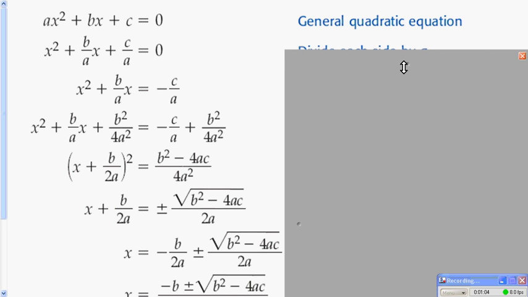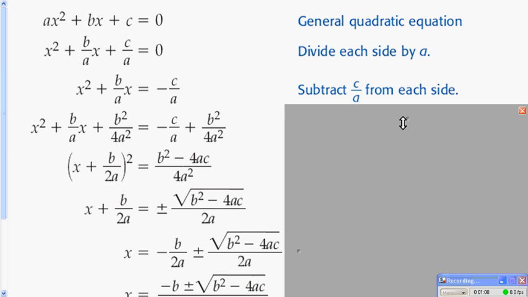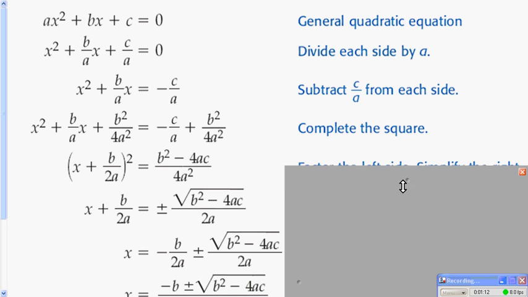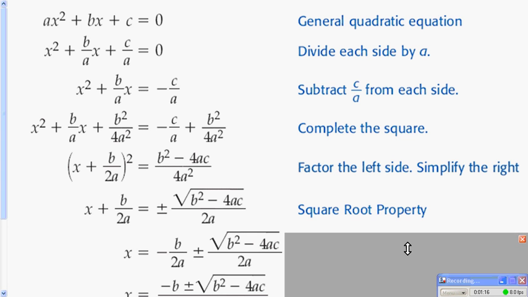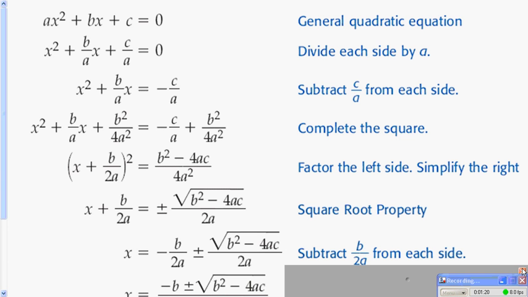The general equation, we divide both sides by a, subtract c over a from both sides, we complete the square, factor the left side, and simplify the right. The square root property, subtract b over 2a from both sides, and simplify. That is a brief and quick overview of what we will do.